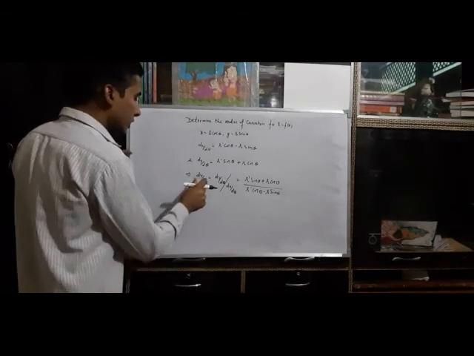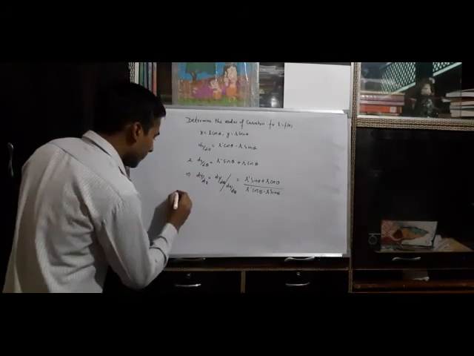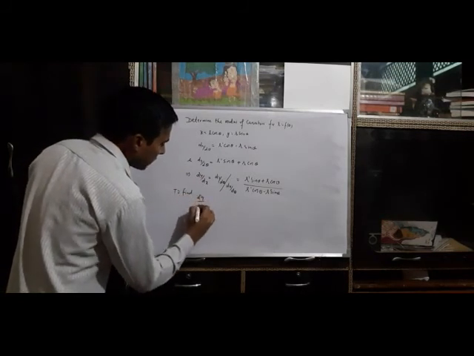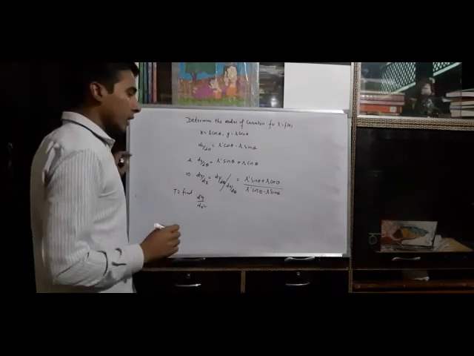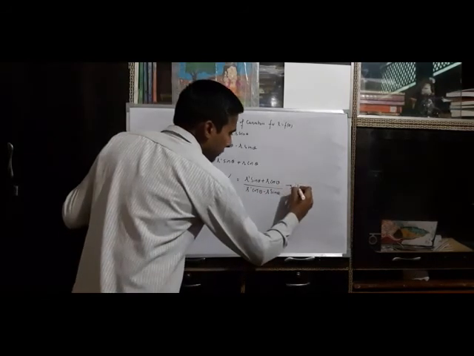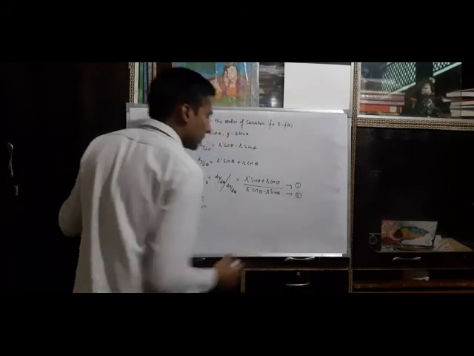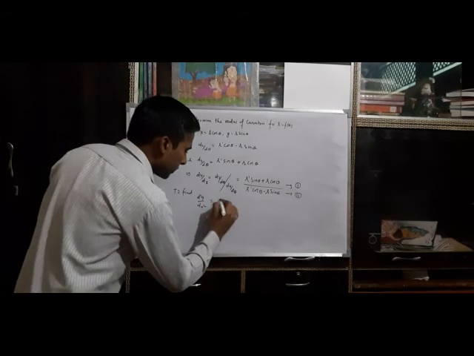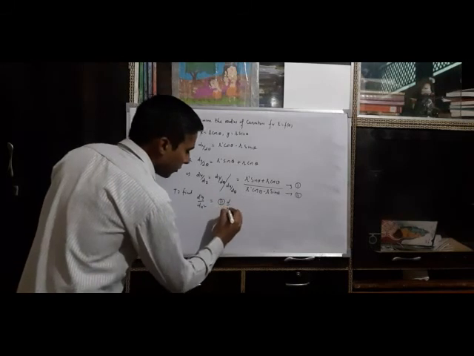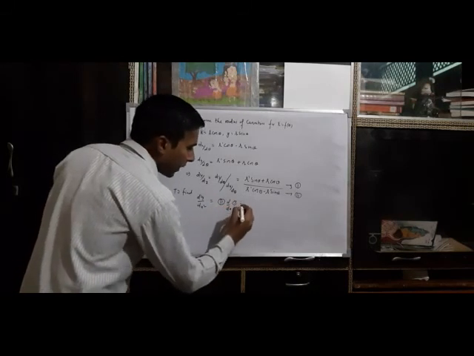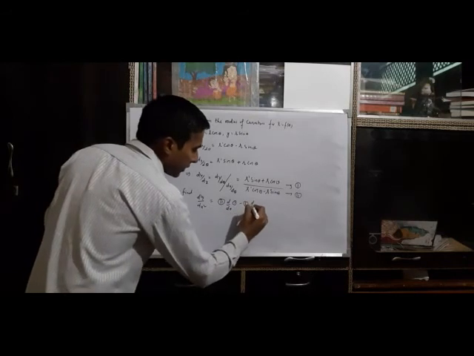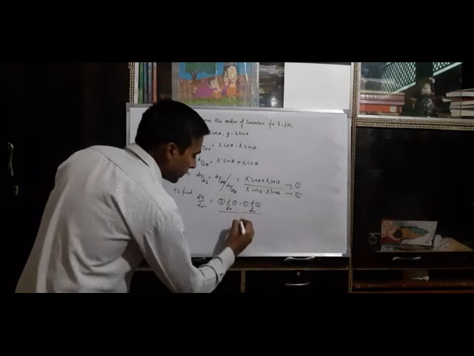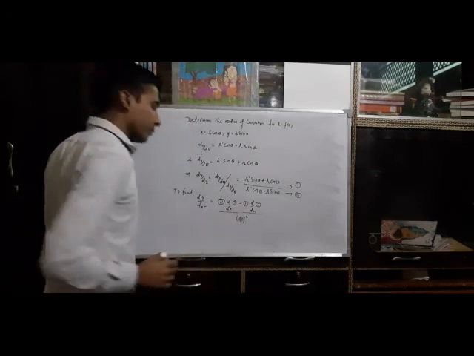Now we have to differentiate this with respect to x to determine the second derivative, d square y upon dx square. Treat this as the first function and this as the second. So it will be the second function as it is, times the derivative of the first function, minus the first function as it is, times the derivative of the second function, and the whole thing is divided by the second function's whole square.